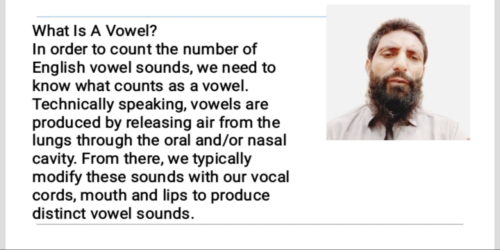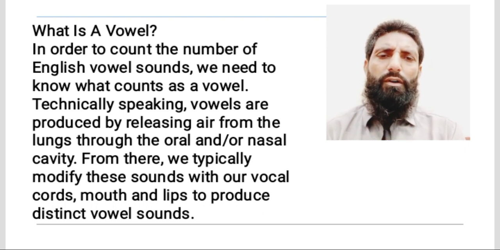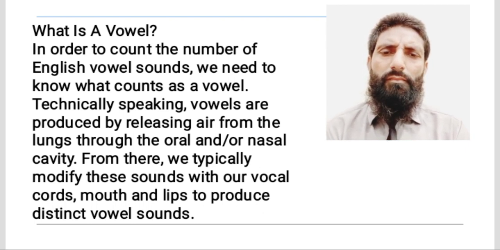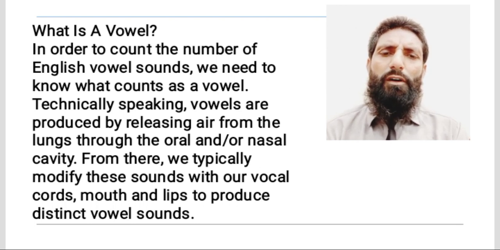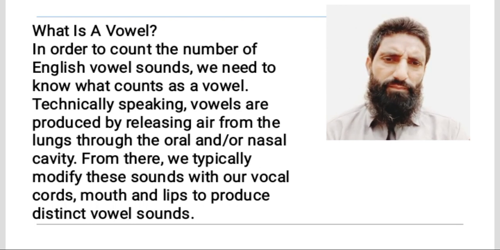So the first thing that is responsible for the production of the sound is air coming from your lungs and traveling out of your mouth by passing through the vocal cords. Okay, and this air passes from the oral or nasal cavity.